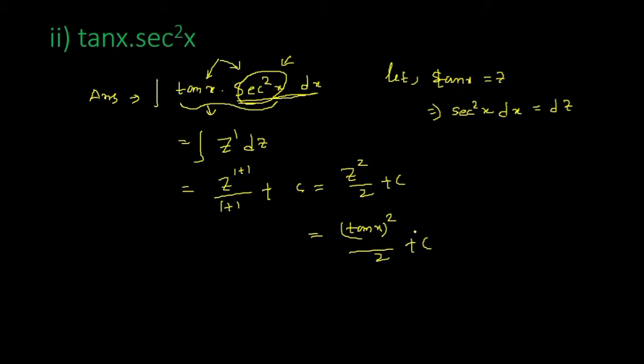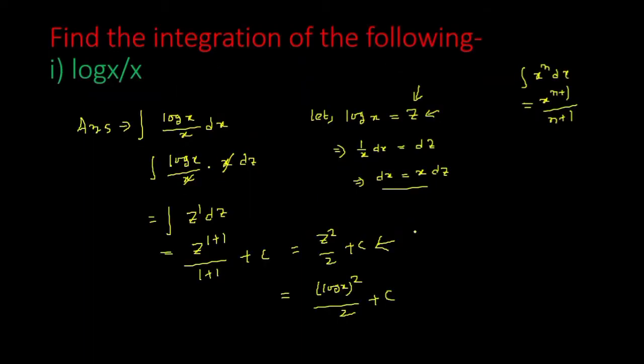This is the way we can find the integration of any complicated function like this. So we have to substitute the value. We have to take something as z whose derivative can be found in the other function. Look at this, here we are taking log x equal to z. Why? There are two functions, log x and 1 by x.